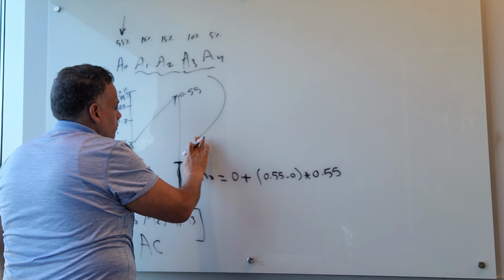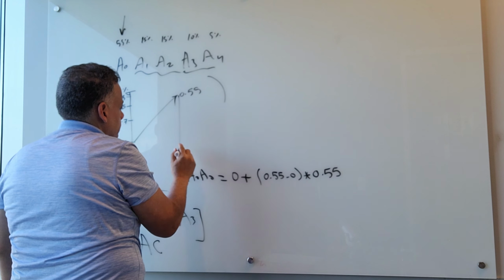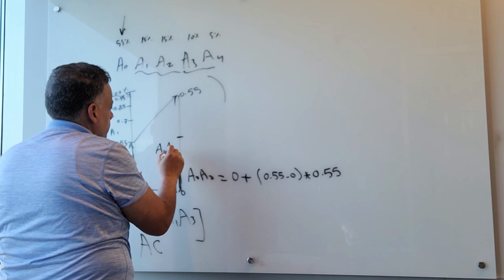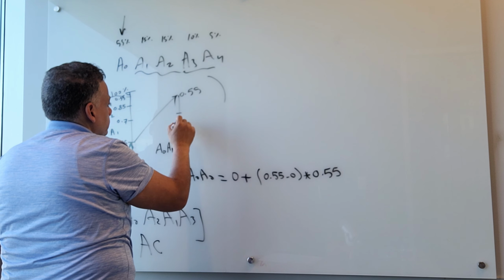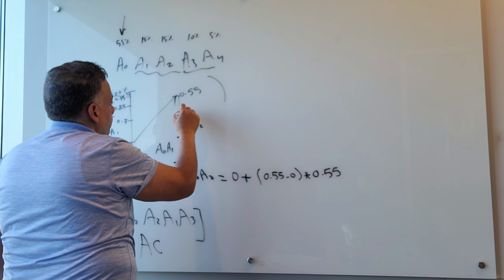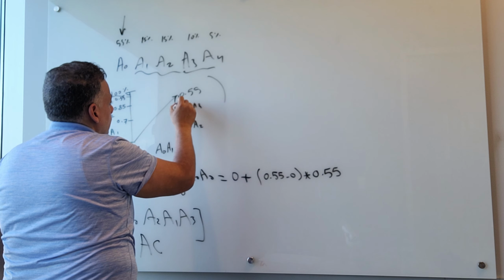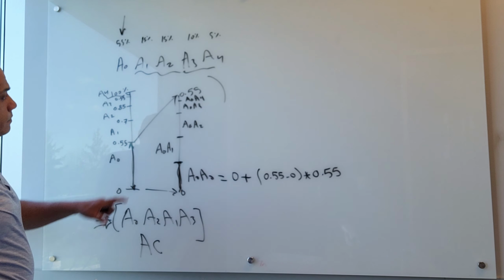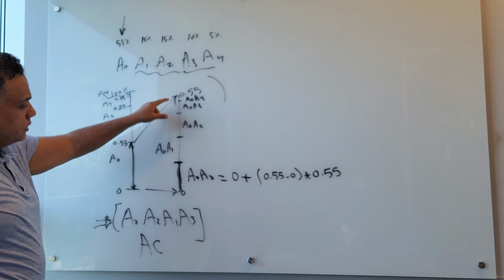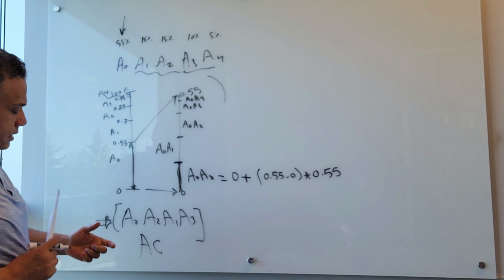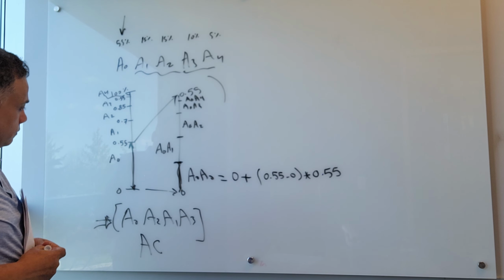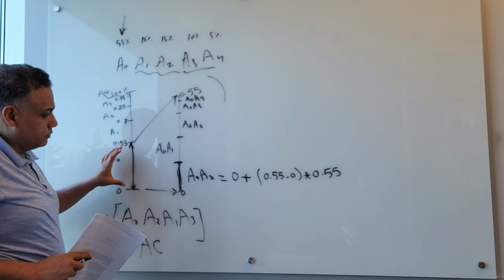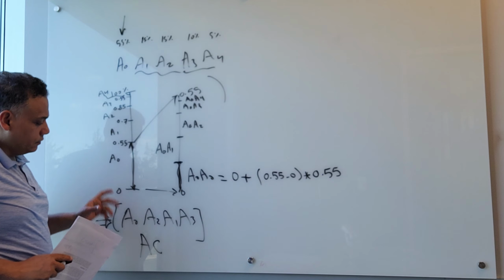And then similarly, we can calculate the interval for A0, A1, and then A0, A2, A0, A3, and A0, A4. All right. So that gives us the redistribution or the mapping of this probability distribution over that interval. So we keep narrowing down, or refining, the original interval based on these symbols.